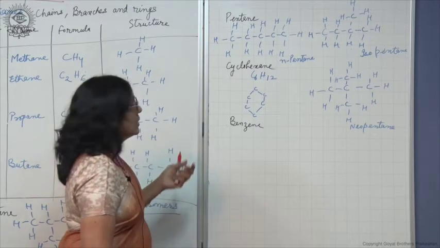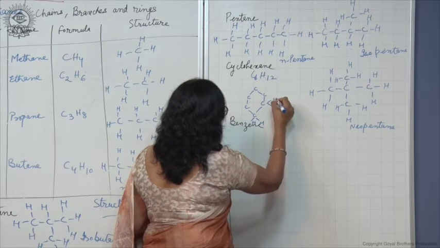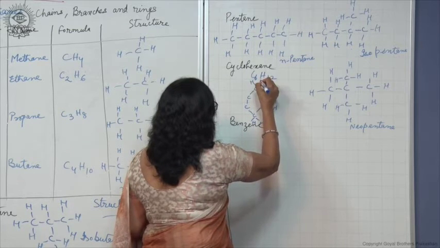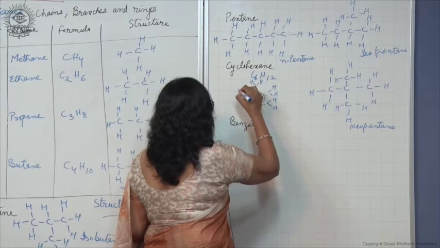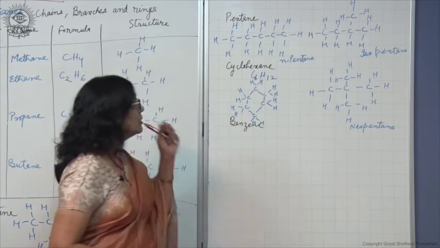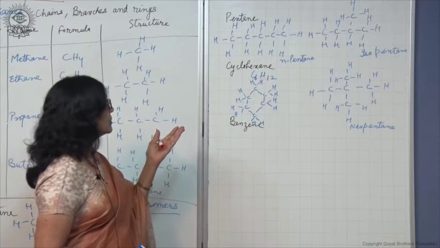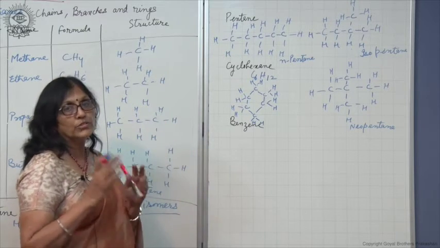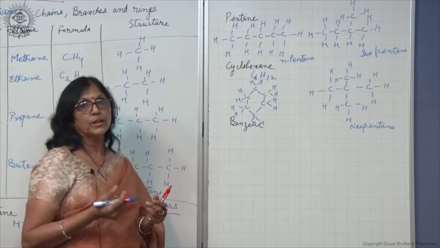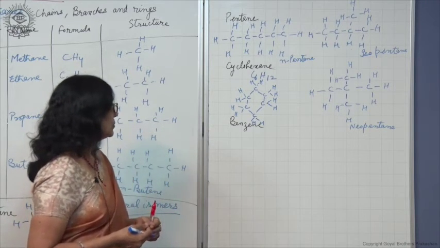So, remaining 2 valencies are satisfied by hydrogen atoms. So, such type of compounds are called cycloalkanes, that is cycloalkanes in which there is only single covalent bond. So, it can also be cycloalkenes where there is one double bond, and cycloalkynes where there will be one triple bond between the carbon atoms.